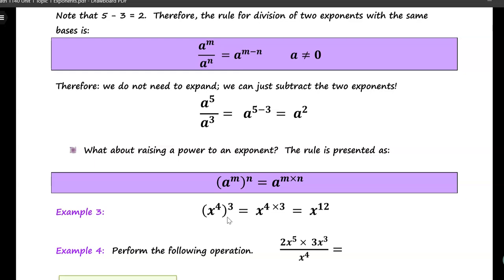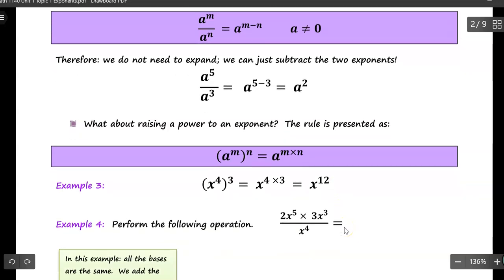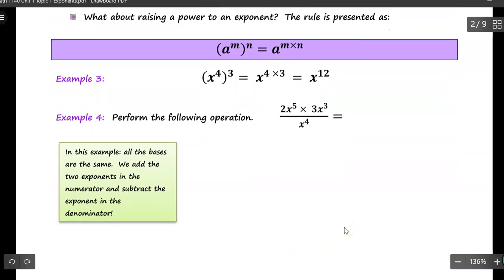So what I have in this case is x raised to exponent 4, all of it raised to exponent 3. Therefore, you multiply the 2 exponents, which gives you x to the exponent 12. In this case, you raise a power to an exponent. Okay, so let's work with a few examples.